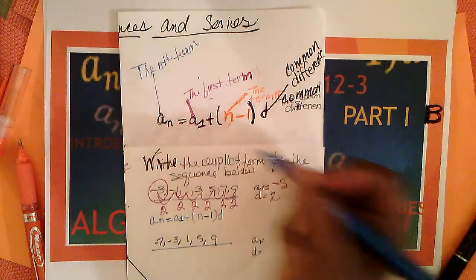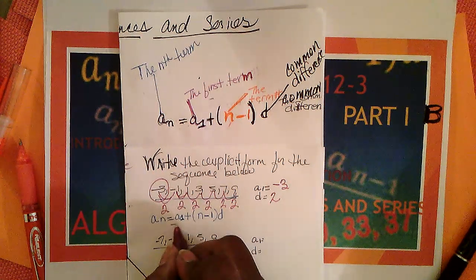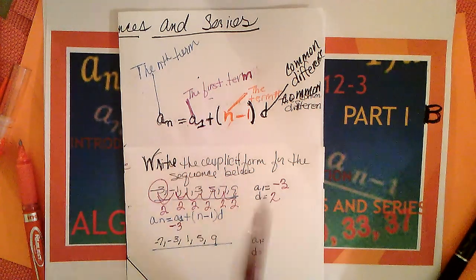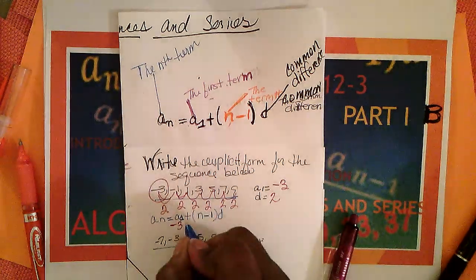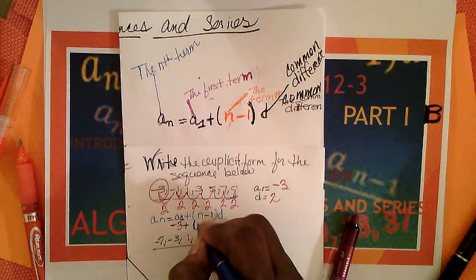So it's going to be -3. So we're going to plug that in. And then we're going to keep our addition sign. We don't know what our n is, so we're going to keep that n.